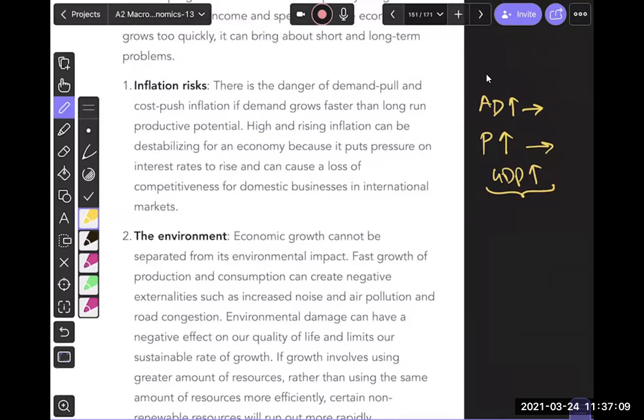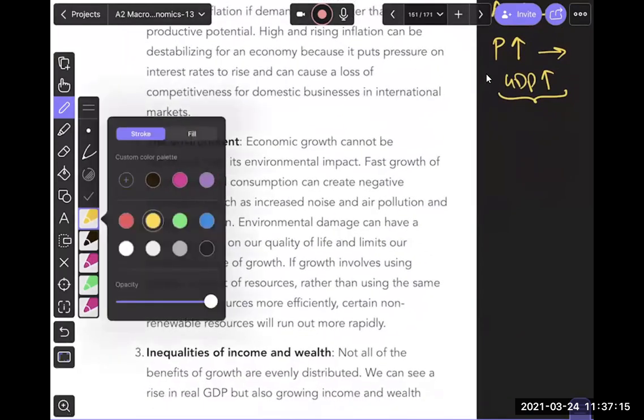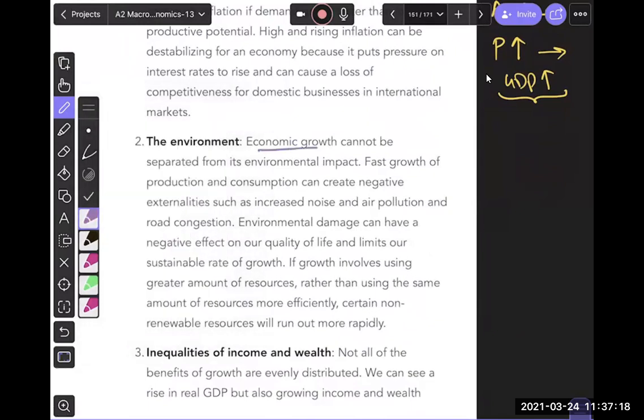The second one is the environment, guys. Whenever there is economic growth, there's also an issue we raise in terms of what we call environmental impact. And we saw this in the first chapter also. Whenever there is economic growth and the GDP is rising, there's also a rise in stress levels, and a rise in, for example, pollution and noise levels.